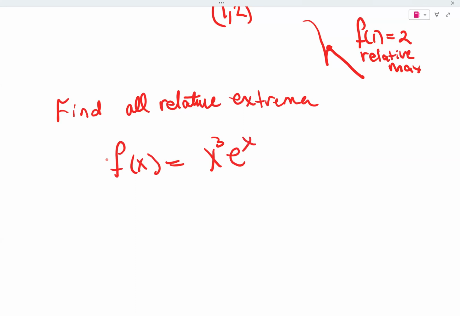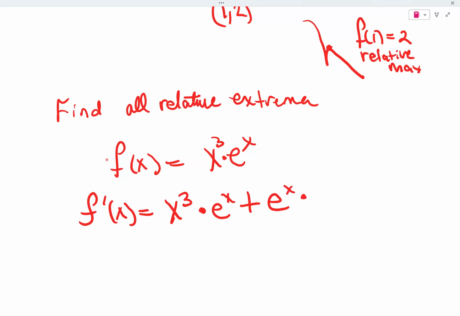Remember, the derivative of e to the x is e to the x, so it doesn't change. So this is product rule, not power rule, product rule. We find that first derivative using product rule. And so that's going to give us x to the third times e to the x plus e to the x, because that never changes, times, again, the derivative 3x squared.